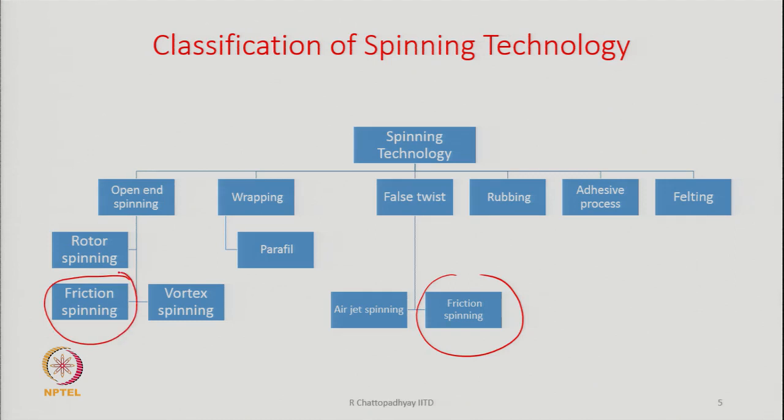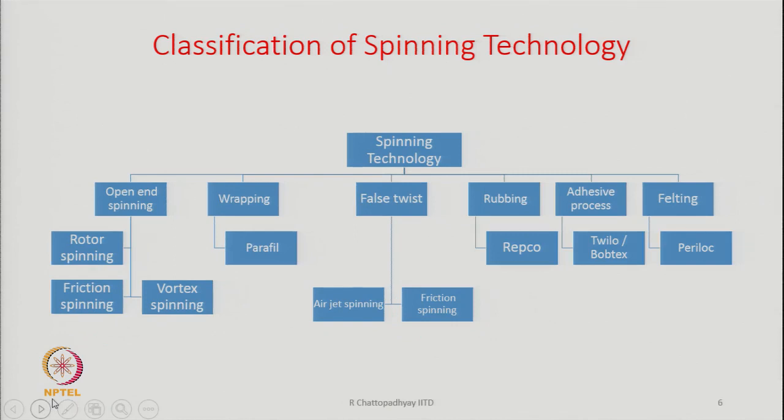As we go through the course, you will learn why friction spinning exists under the open end spinning system and also under the false twist spinning system. Then by the process of rubbing, the technology commercially known as Repco spinning system, mostly used for wool fibers.